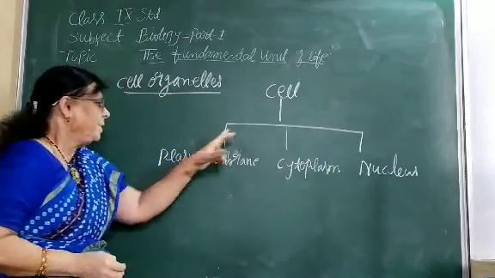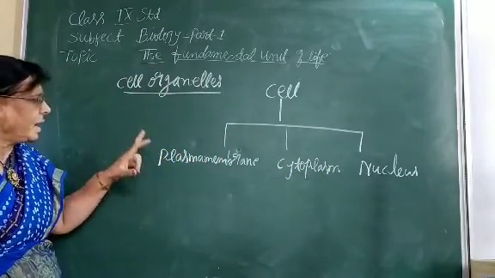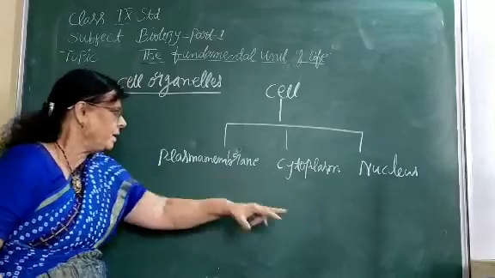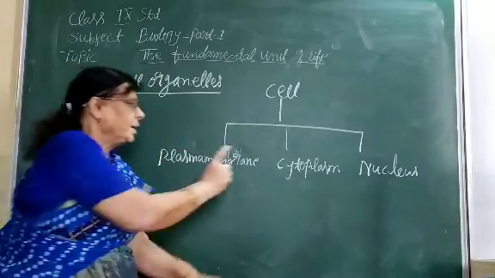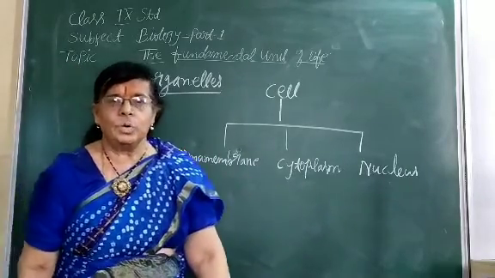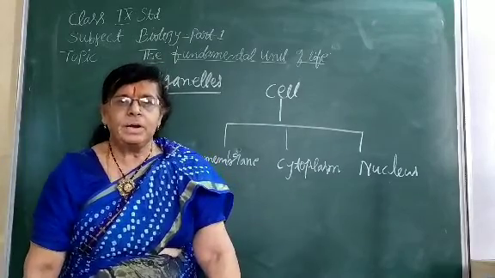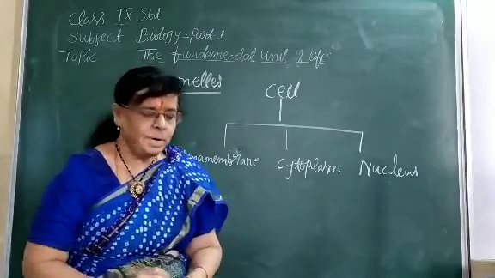So, the three main components of the cell can be divided in this way: plasma membrane, cytoplasm and nucleus. Today, let me introduce the plasma membrane.